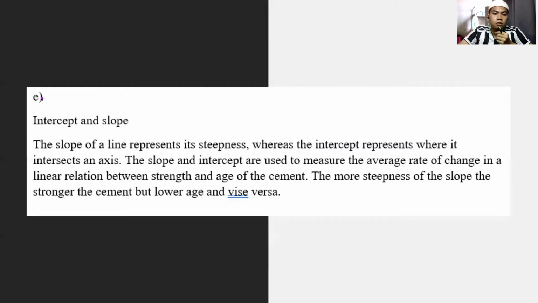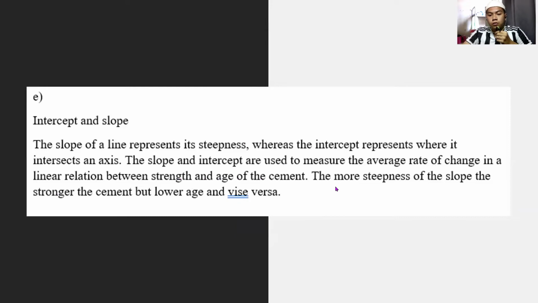So we go for the next question. What is the intercept and slope? In this project, the slope of the line represents the steepness, while the intercept represents the intercept on the axis. The slope and intercept are used to measure the average rate of change in the linear relation between strength and age of the cement for our sample.